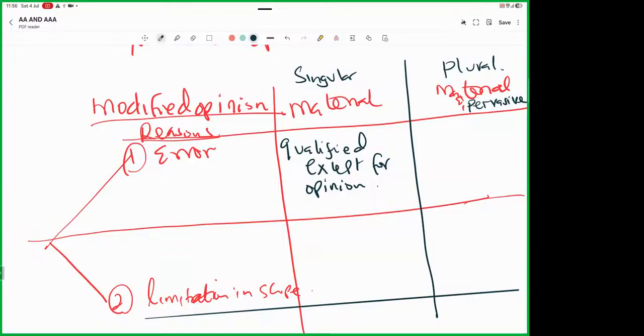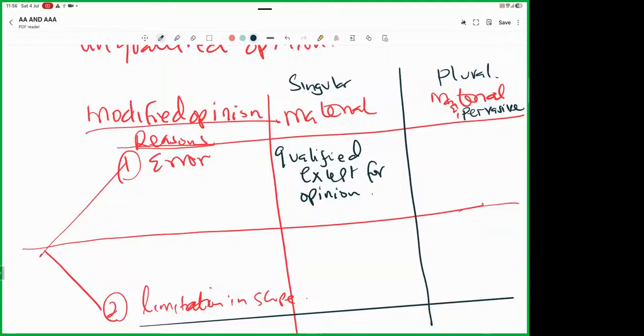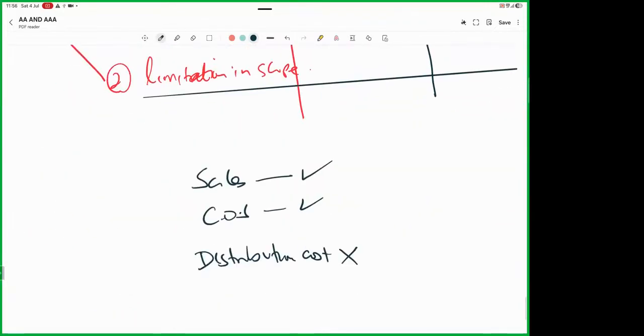Qualified. But what if I go to this very company, and I find the sales are wrong, cost of sales are wrong, distribution costs wrong, everything wrong? Will I say that the financial statements of RCM portray a true and a fair view, except sales, except cost of sales, except distribution? I'll be called auditor except.